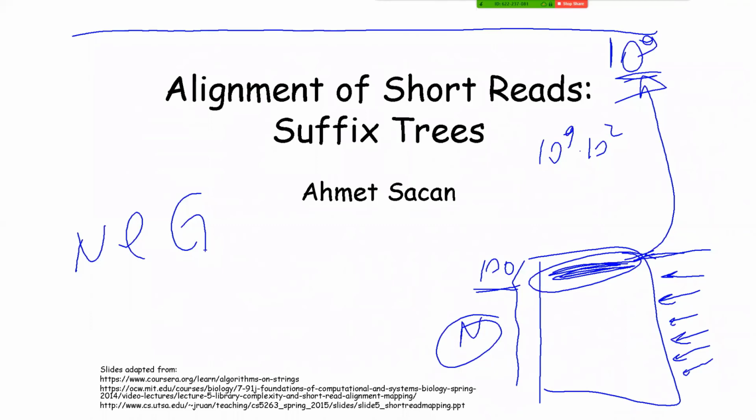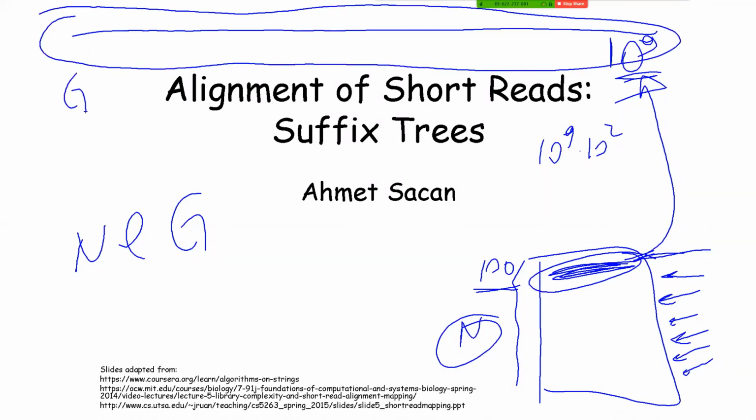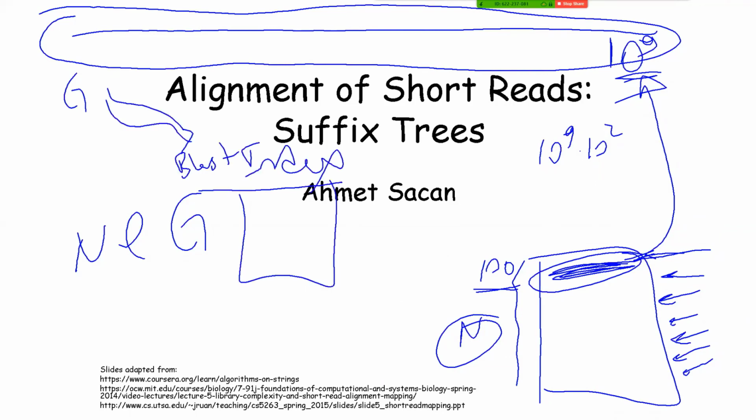I can use BLAST, right? I can take this, that's my genome. I can create a BLAST index from it, and this creation needs to be done once. Once I create this index file, I can reuse it as many times as I'd like for each short read.